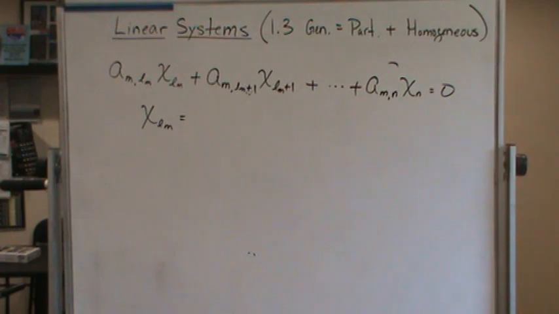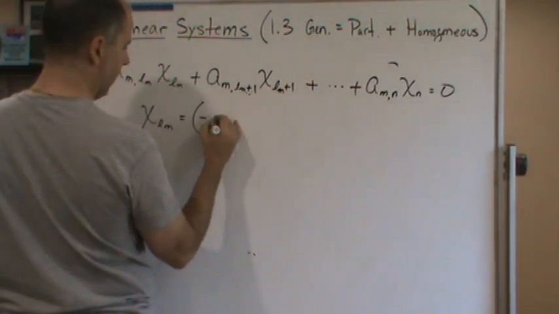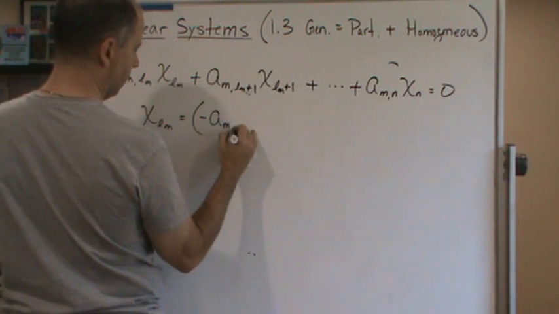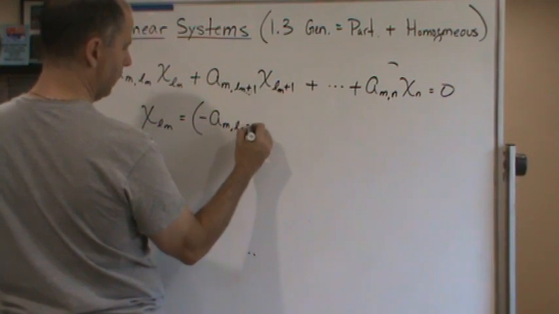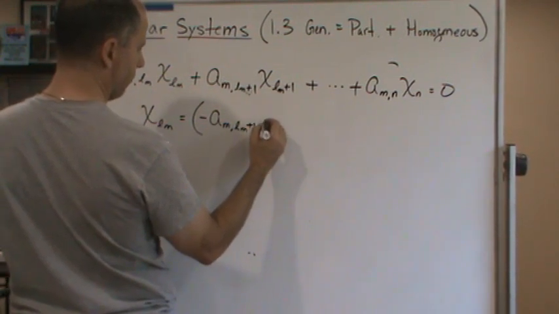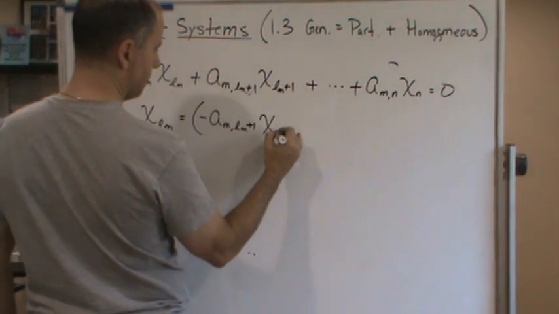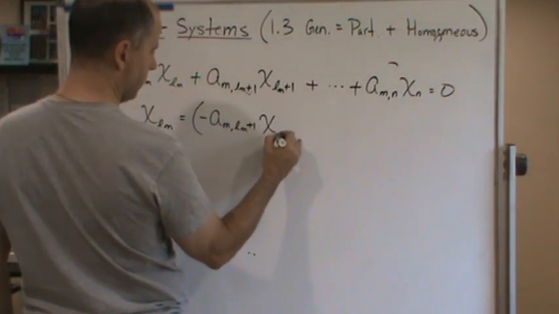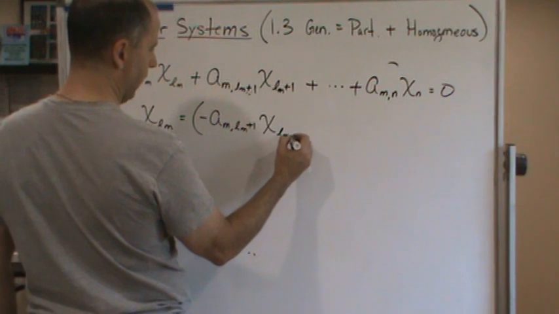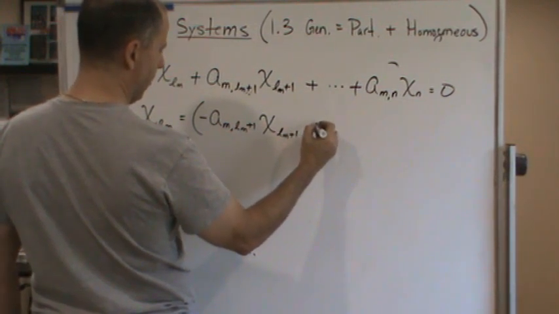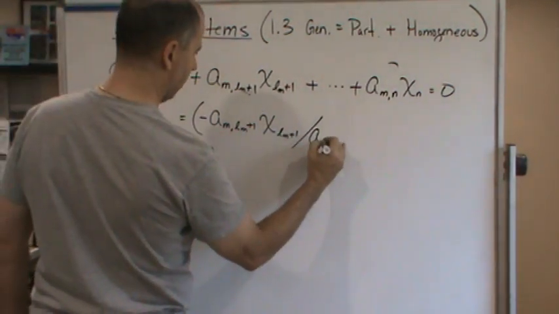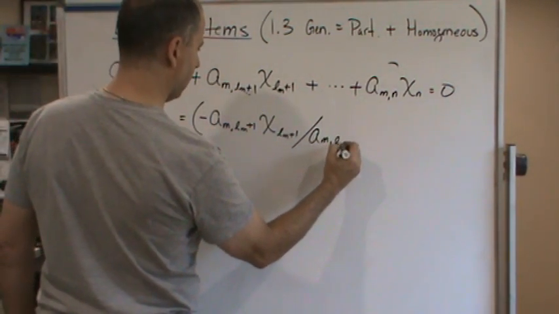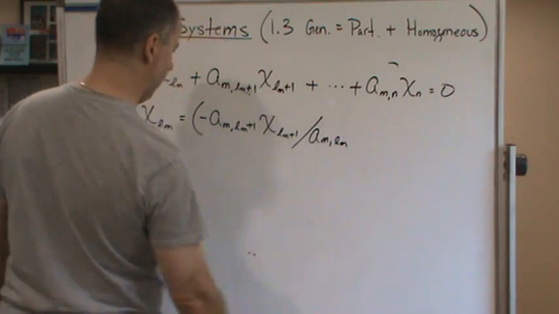In this case, we're going to get negative a sub m comma L sub m plus 1, times the first free variable, which is x sub L sub m plus 1, and then we're going to divide that by a sub m comma L sub m.